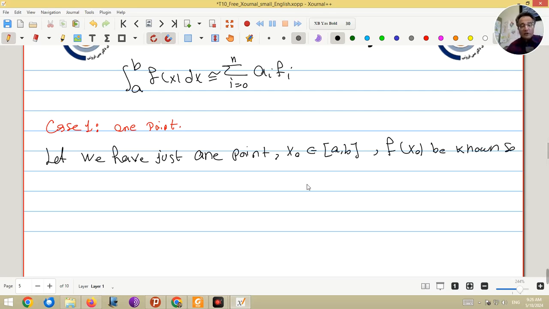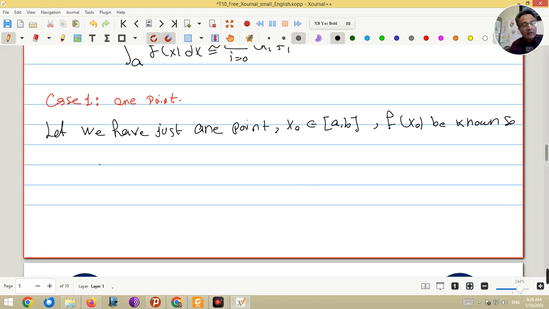So we should have the numerical integration as follows: the integral from a to b of f of x dx equal to alpha 0 times f0. We have f0 equal to f of x0, and we have to find alpha 0.